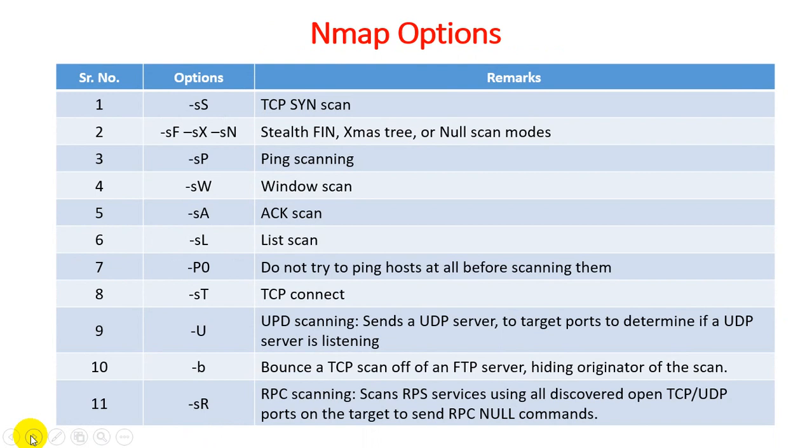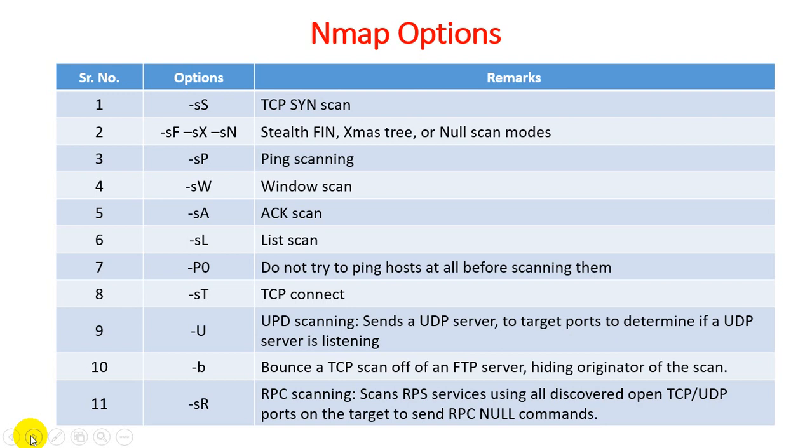Now we are discussing different Nmap options. On your screen there are lots of options. I will not explain all of them, but just remember that if you set the option dash capital S, then it works as a TCP SYN scan. If you mention SW, then it is a window scan.